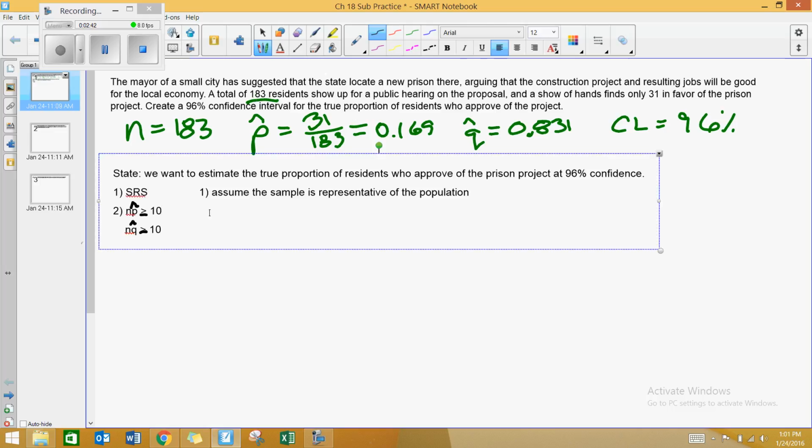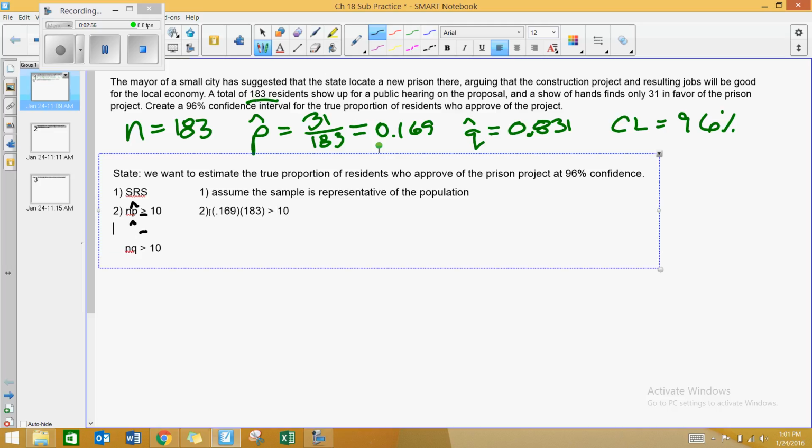To check this, we will do 0.169 times 183, and we see that that is in fact greater than 10.